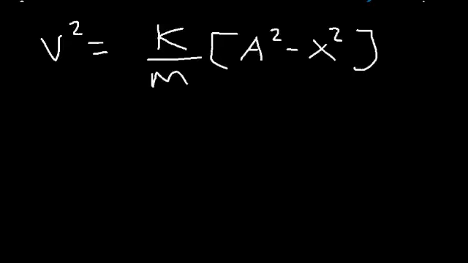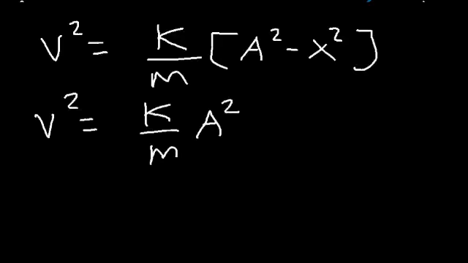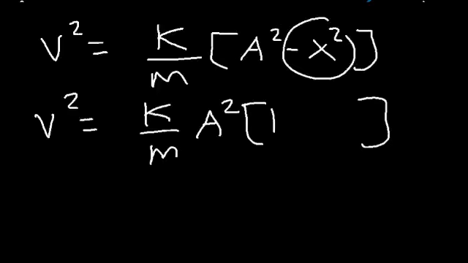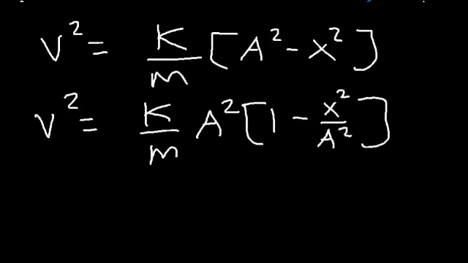Now, what's our next step? The next thing we need to do is take out a squared. A squared divided by a squared is simply 1. And this divided by a squared is going to be negative x squared divided by a squared.